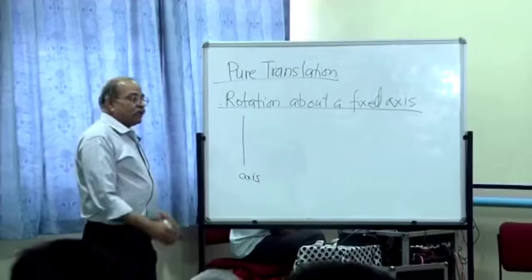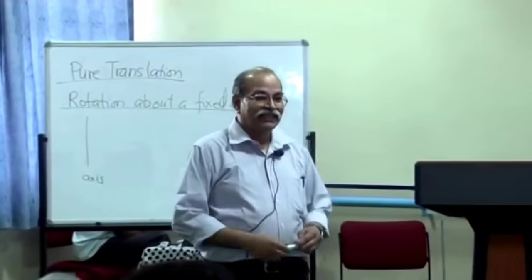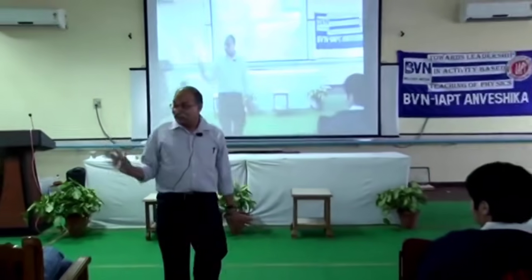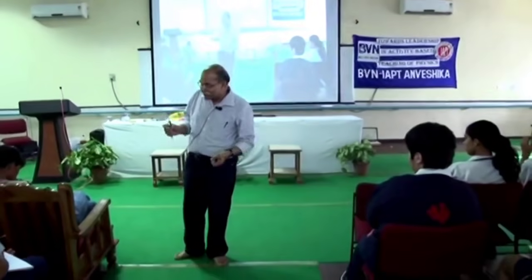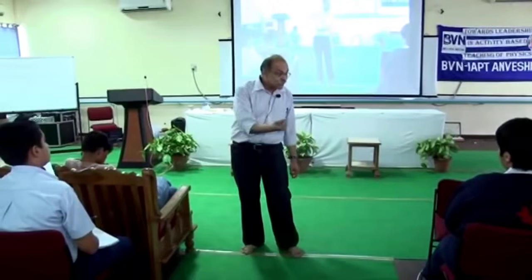It means there are several things, carefully note. One, each particle of the rigid body is going in a circle or a circular path, not necessarily uniform circular motion, but the path is a circle or a part of the circle, right?